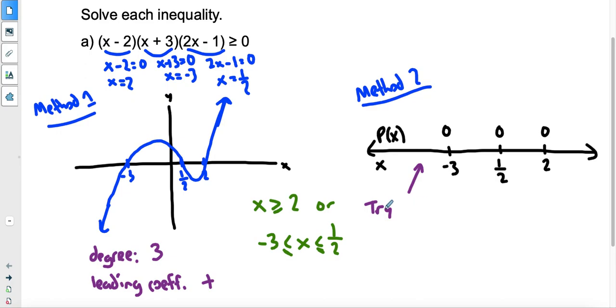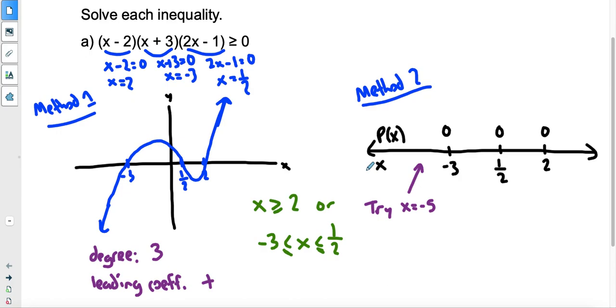So let's say x is equal to negative 5. And something I want to mention too, it doesn't matter what value of x you plug in, as long as the x value is less than negative 3, then we can try it out.